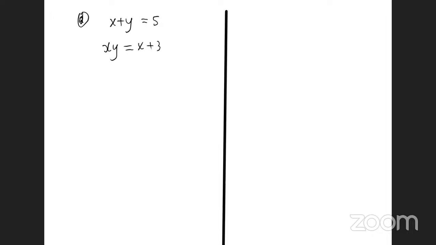Make y the subject in the first equation and substitute in the next one. Finish?